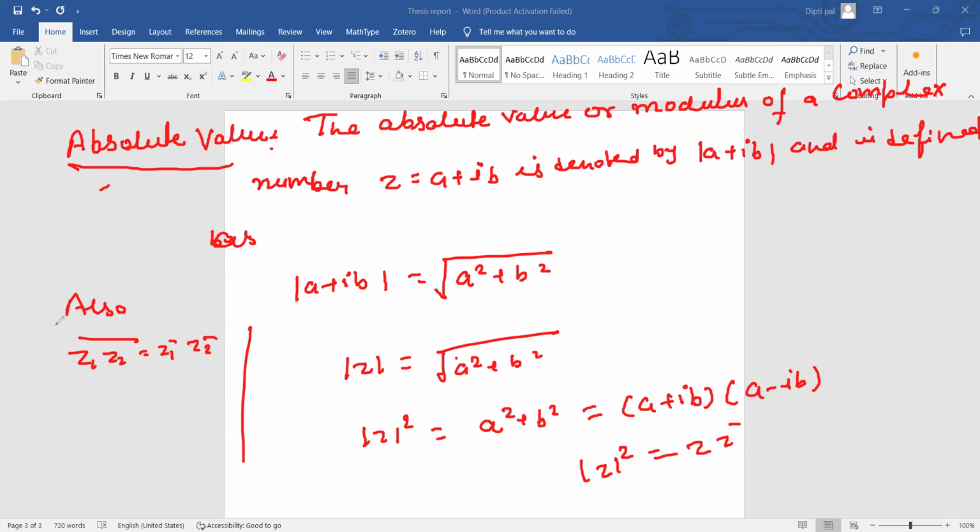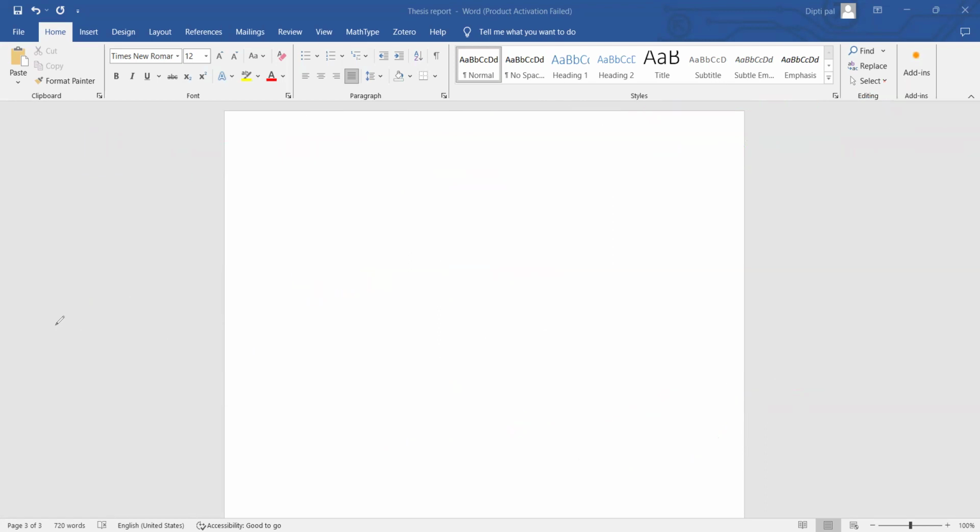Now we move to the next topic: geometrical representation of a complex number.